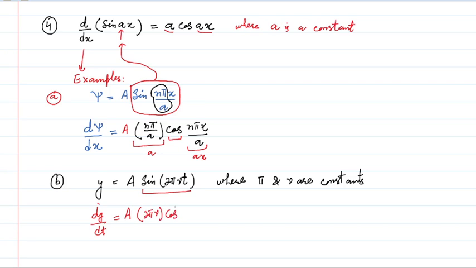Okay. Cos, then 2 pi nu t will be there. This is very easy. You only have to remember, if you have this type of differential here, how to solve it.